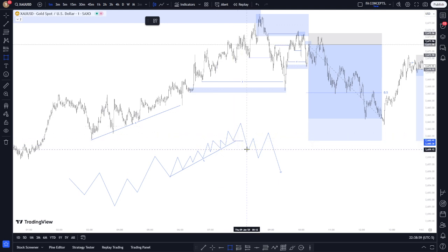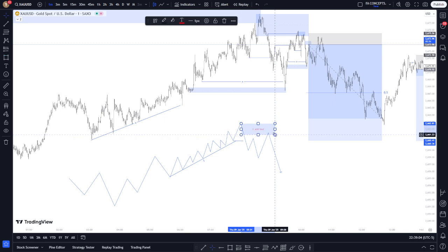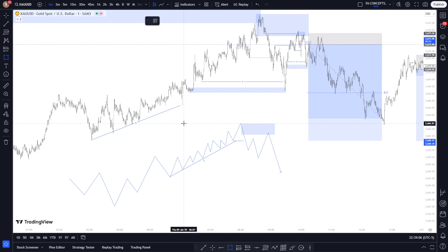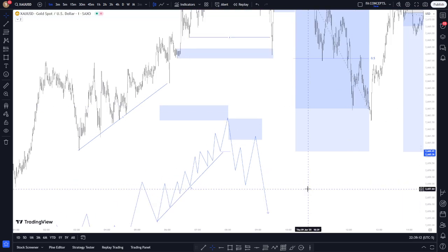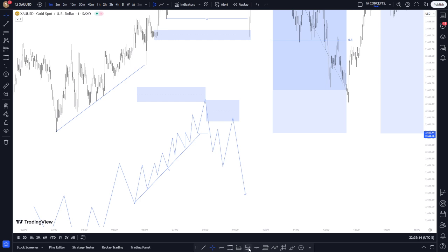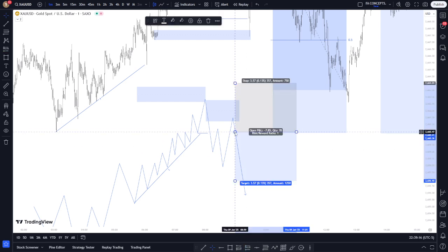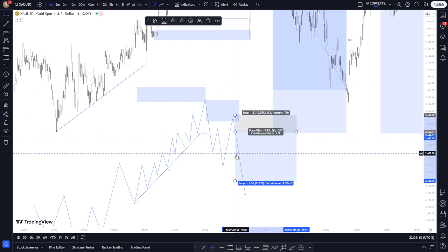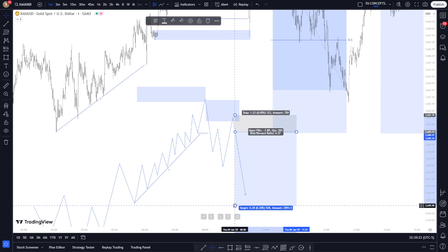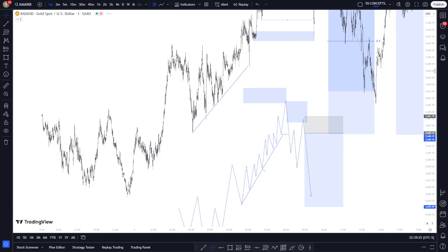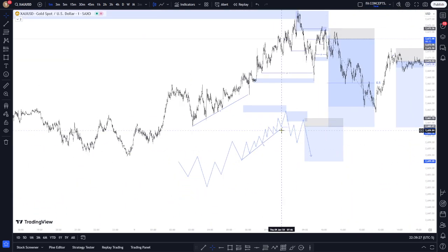We had the shift, price tapped into the 15-minute order block as well as the high time frame 1 hour imbalance. So yeah, took this trade and targeted these lows, as we can see here, nice shift.